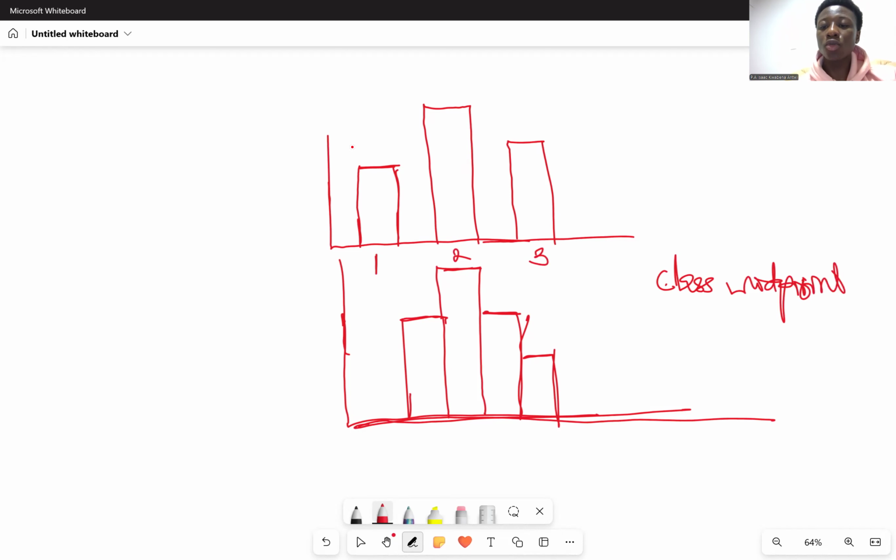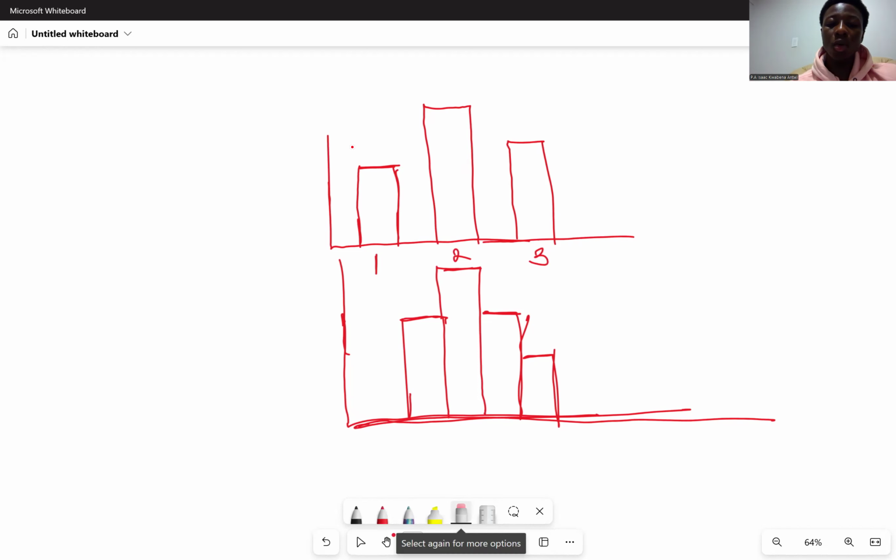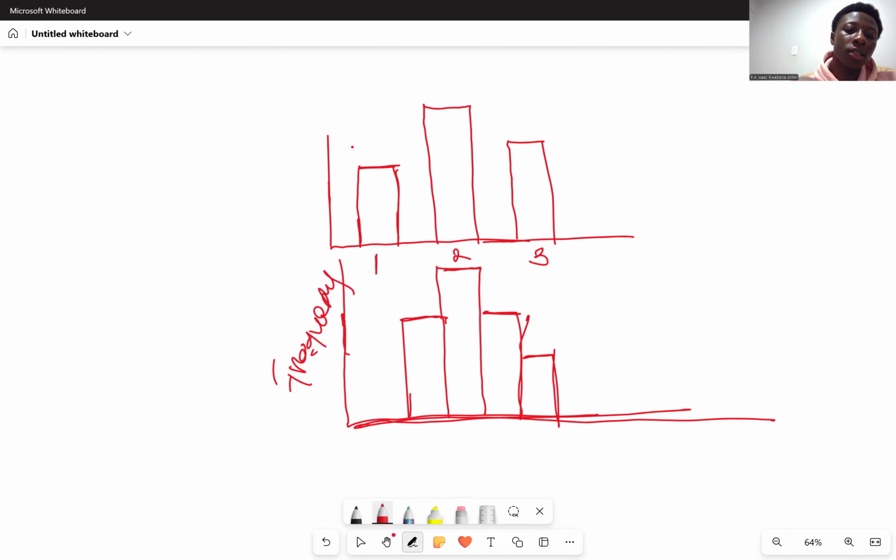Before you start to draw a histogram, there are two things you need to consider. Of course, the y-axis is always frequencies. Yeah, the y-axis has always been frequency.